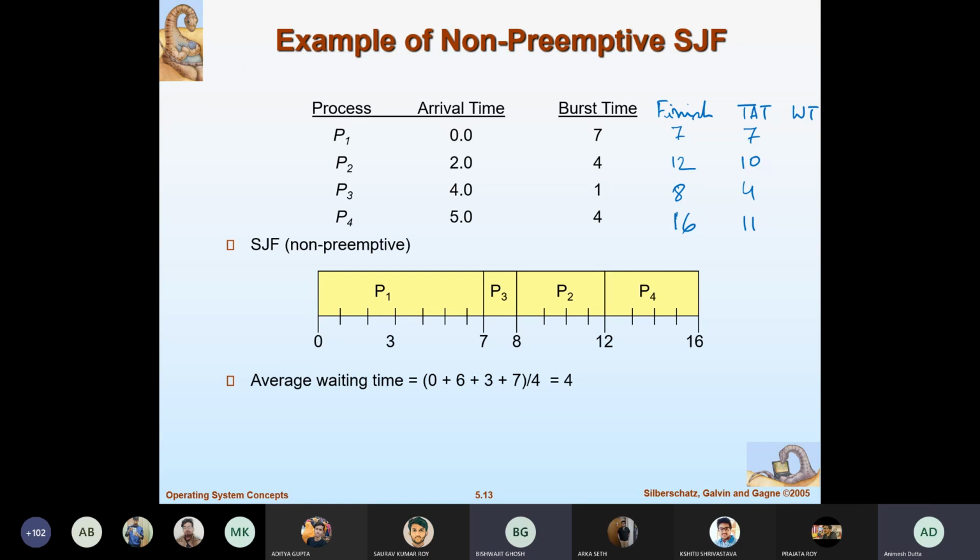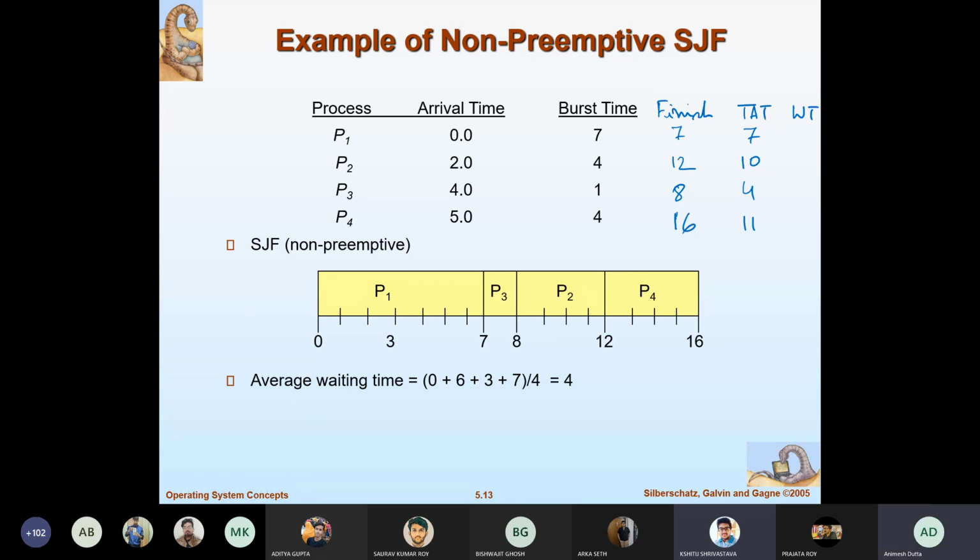Any confusion with anyone? Sir, turnaround timeটা বুঝলাম না স্যার। Turnaround timeটা মানে হচ্ছে, বলো anybody? আদিত্য বলো, what is turnaround? Sir, the time it takes to complete its process. আর একটু ভালো করে বল। The difference between the finish time and arrival time. It will take some time in the ready queue also.